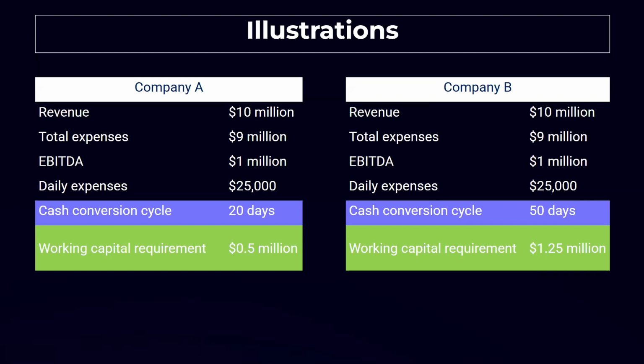So when you multiply 25,000 by 20 days, the additional cash requirement is only 0.5 million, 500,000. But for company B, which has a cash conversion cycle of 50 days, the working capital requirement is significantly higher, which is 1.25 million.